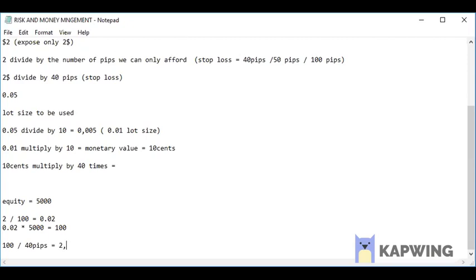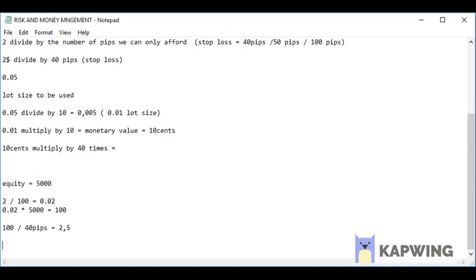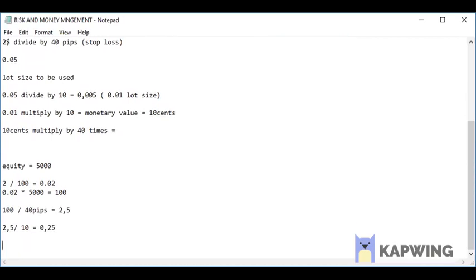Very good. To get that 2.5 in lot size, we divide by 10, so we get 0.25. Every time you trade, you only put lot size 0.25.